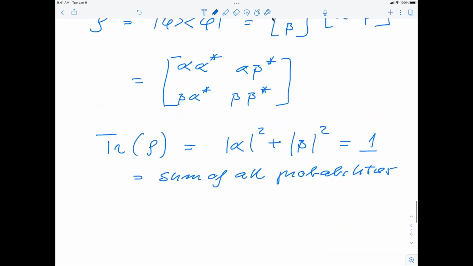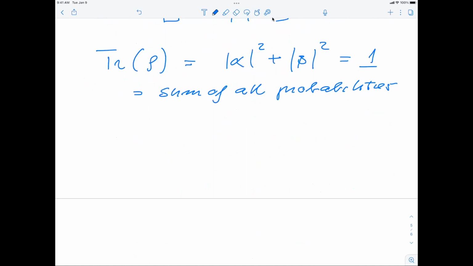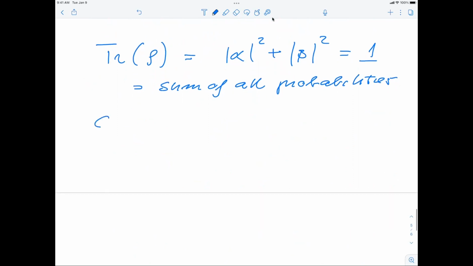Now, one of the things I wanted to say a little bit more about is the way we are going to set up the Hamiltonian and the link with the computational basis. So let's go back to this with computational basis and look at some examples.